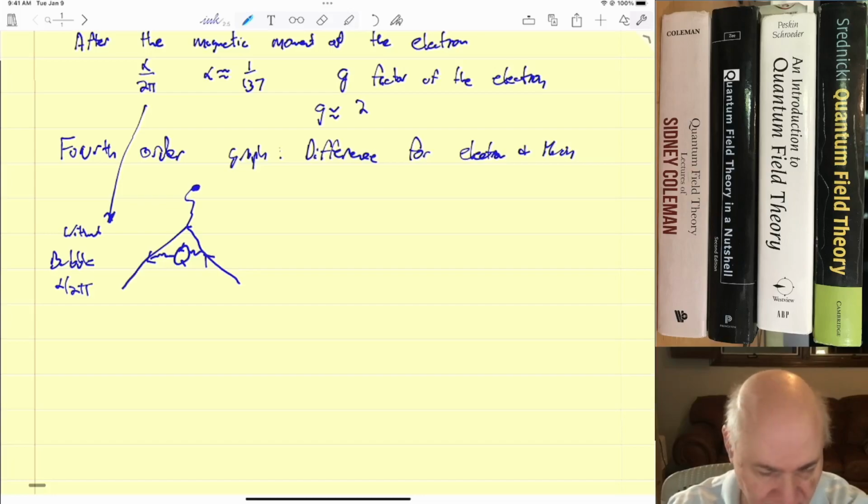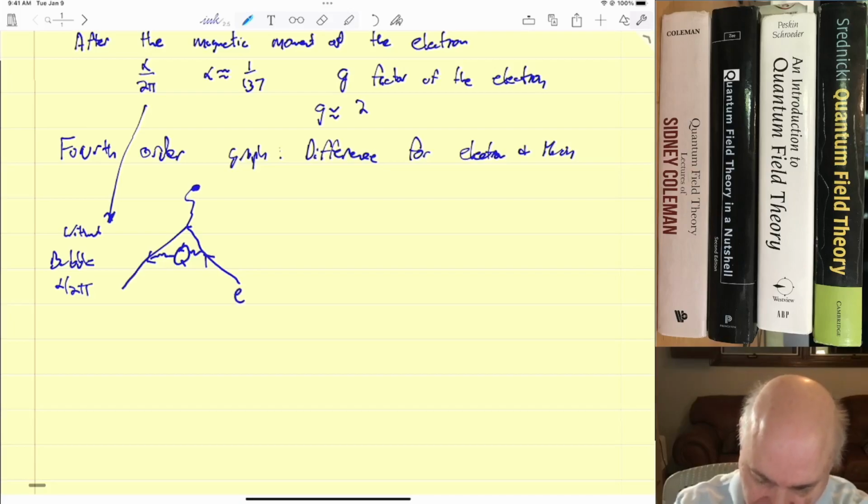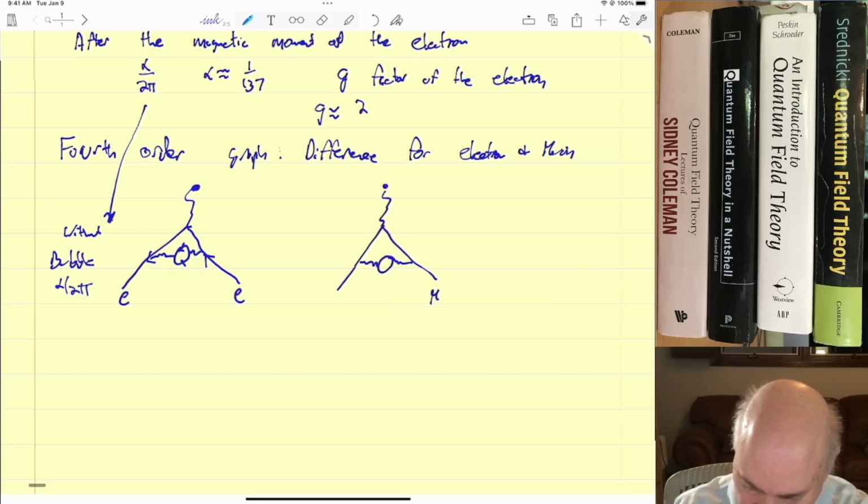Now, what I never understood was why it makes such a big difference. And so here's an example. Let's say you're calculating the magnetic moment for the electron, and comparing it with the muon. Say we have a muon here.